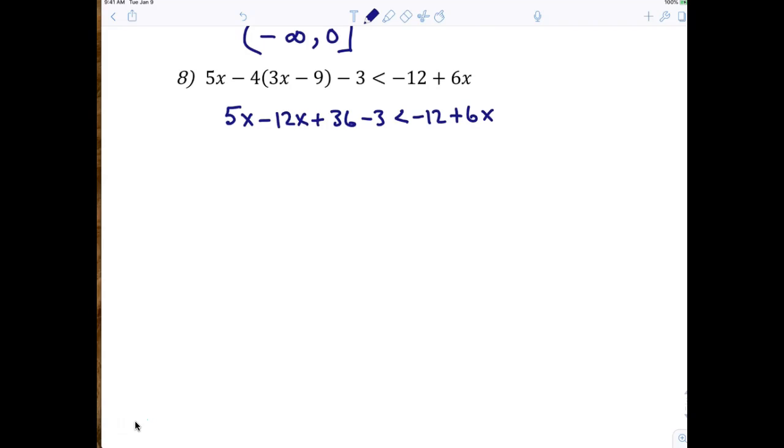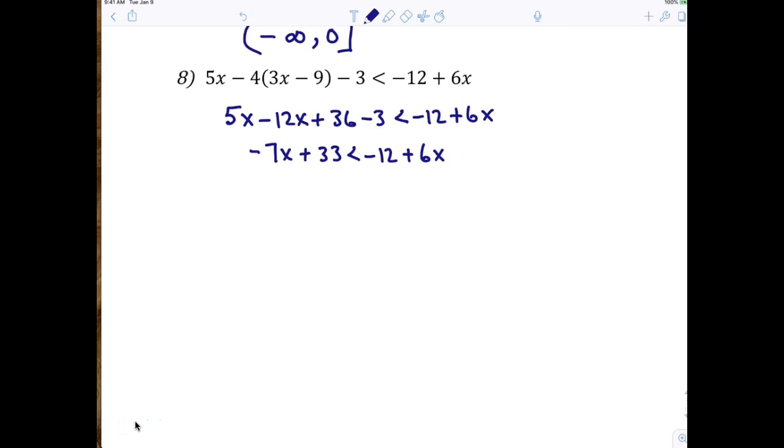All right, now let's try to combine terms here. Negative 7x plus 33 is less than negative 12 plus 6x. Anybody have an issue? And now what?